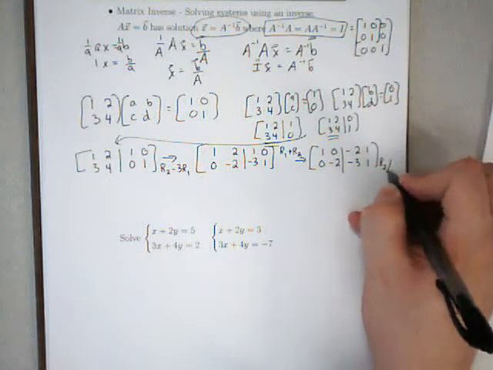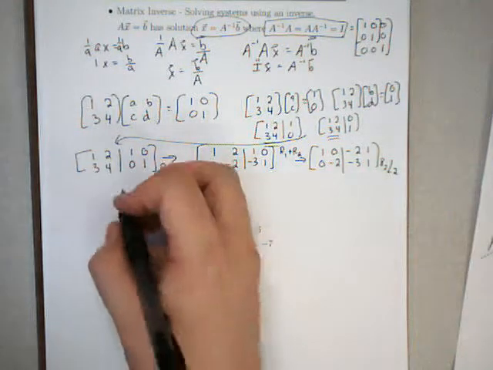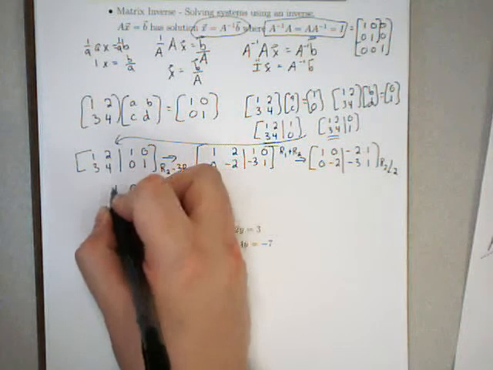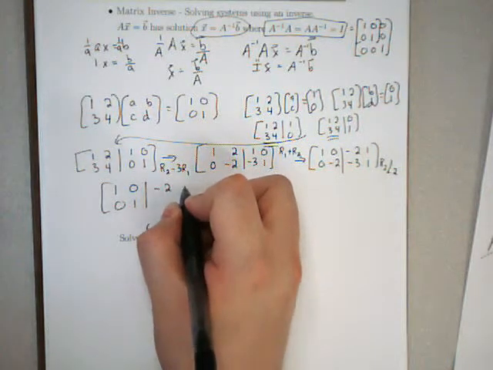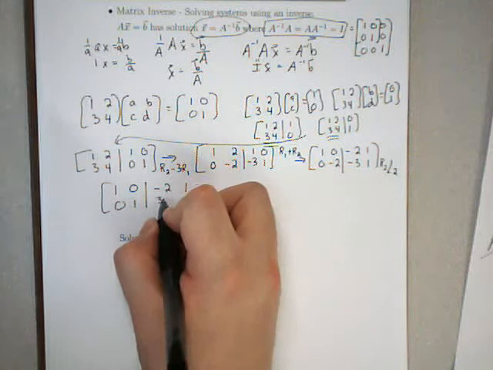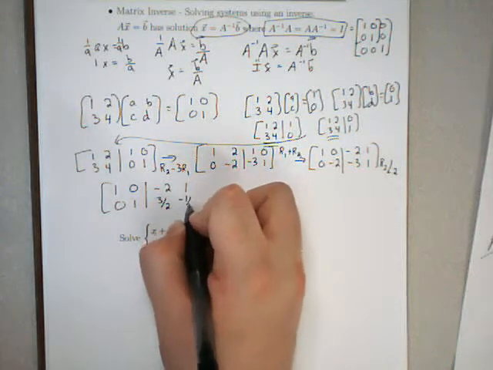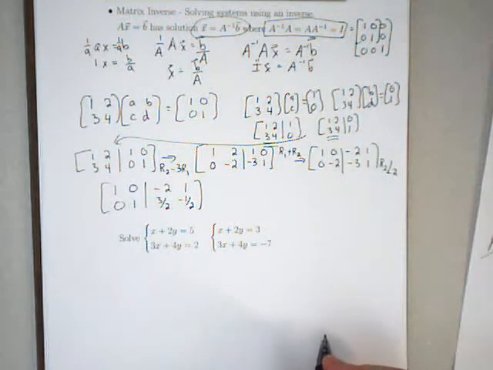Now let's take row 2 and divide by negative 2, which gives me 0, 1. On the left, I have the identity matrix. On the right, the negative 2, 1 stay the same, and here I have 3 halves and negative 1 half. I just solved 2 systems simultaneously.